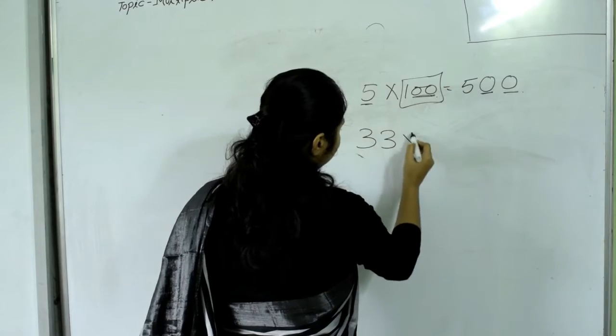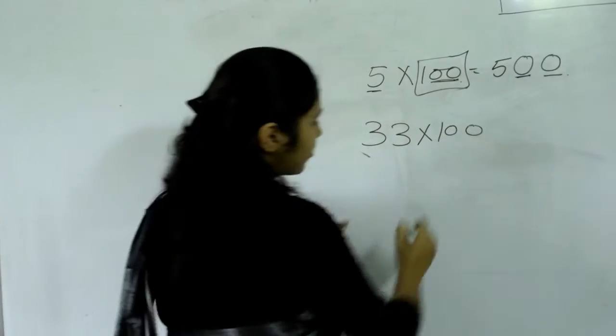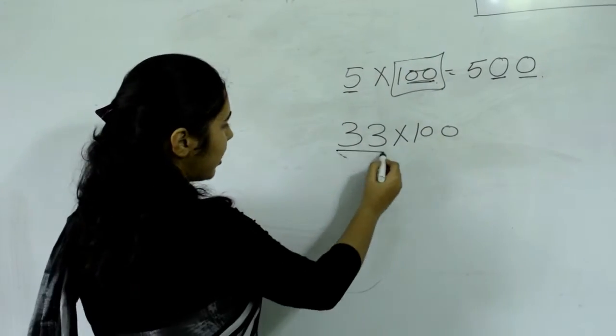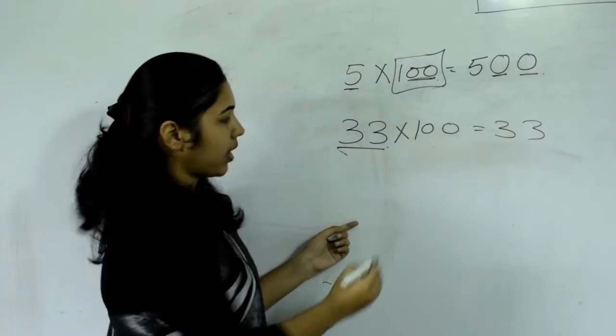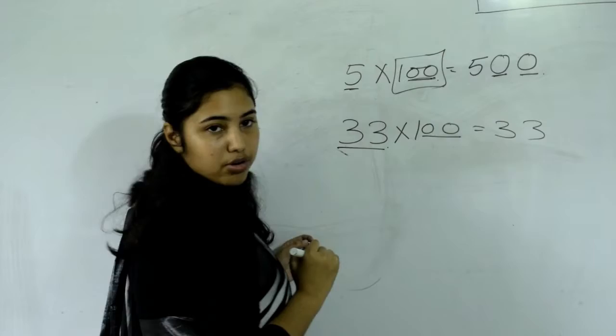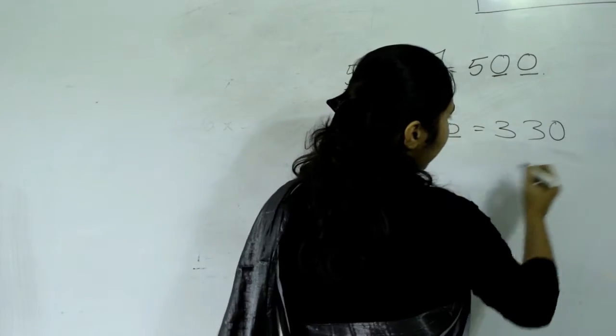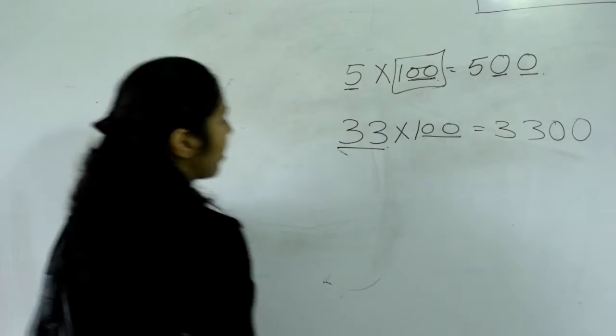Similarly, if we multiply 33 with 100, first of all we will get the number 33. Okay? And then 2 zeros in tens place and ones place.